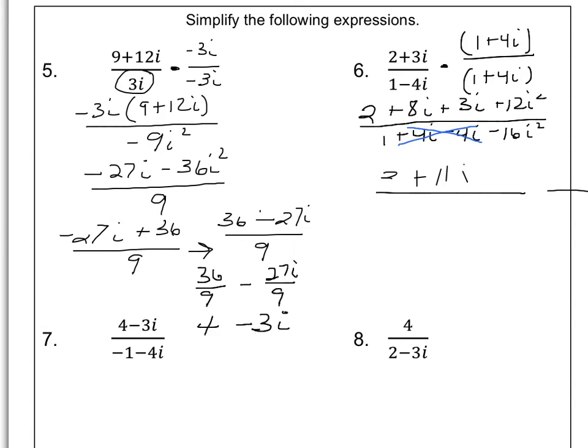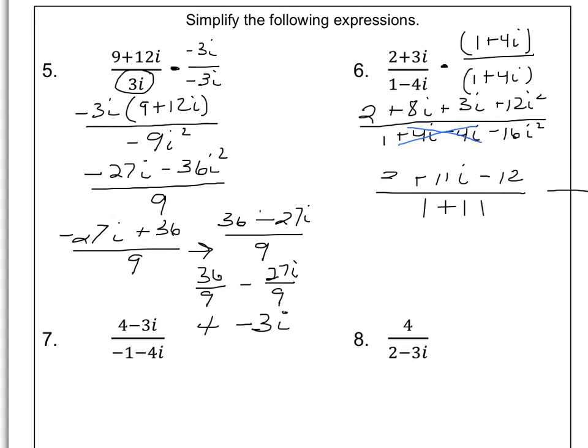And the 12i squared now is going to become negative 12. On the bottom, I've got 1, and then this negative 16i squared is going to become positive 16. So essentially, I have 1 plus 16.